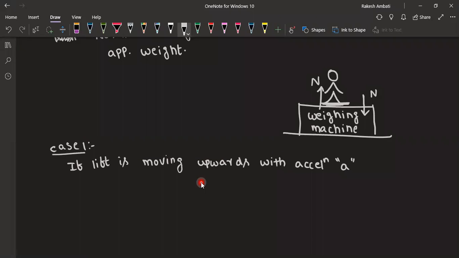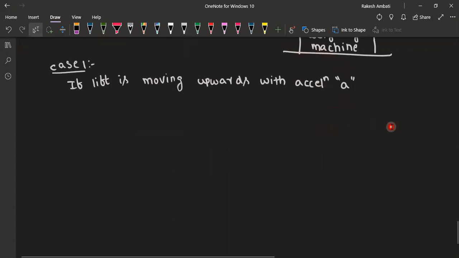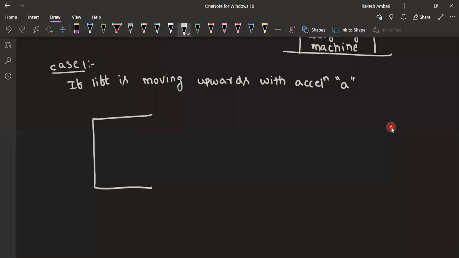For example, here it is a lift and a man is standing inside the lift. Let the mass of the man be m. It is given in the question that the lift is moving upwards with acceleration a. In this case, the weight of the man is mg in the downward direction.